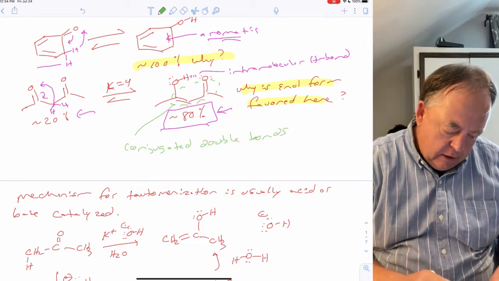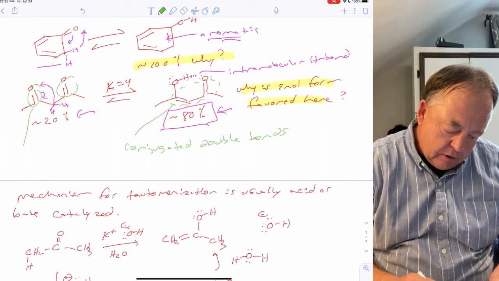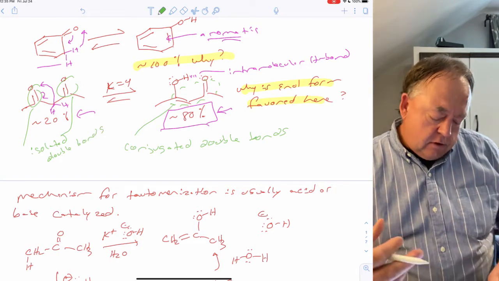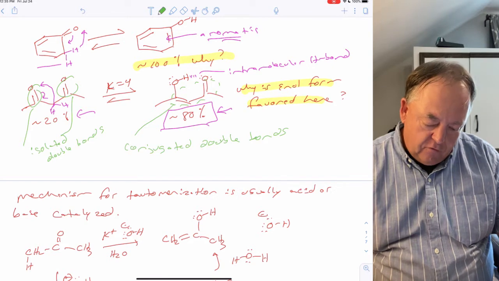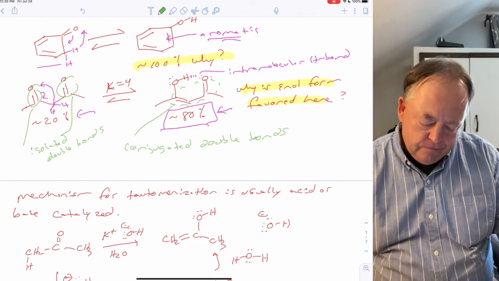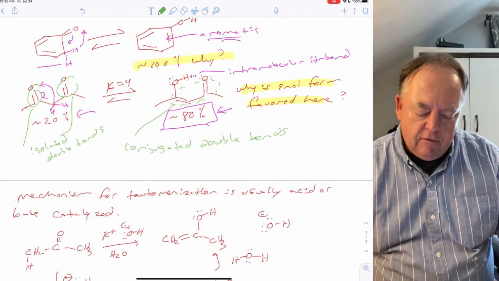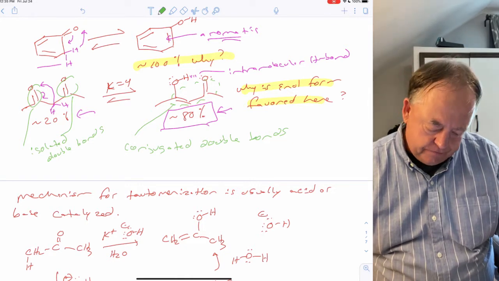Whereas in the ketone form, you have two double bonds, but those are isolated. Isolated double bonds, of course, are less stable than conjugated double bonds, and the ketone form does not have that stability from the hydrogen bonding either. So if there are factors like that at play, then that can help stabilize the enol form, but otherwise the ketone form is going to be more stable.